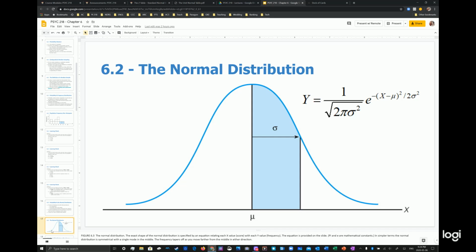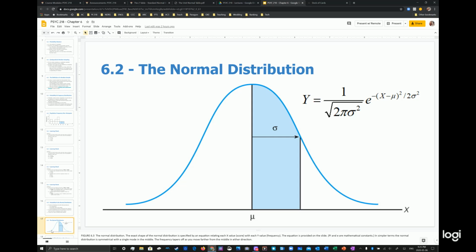You've seen it before. It has a mu and a standard deviation. This is a normal distribution and not a standard normal distribution because we are working with x values. The y in this slide is a formula for calculating the frequency at a particular point on the x-axis. But we don't need to use the y formula here.